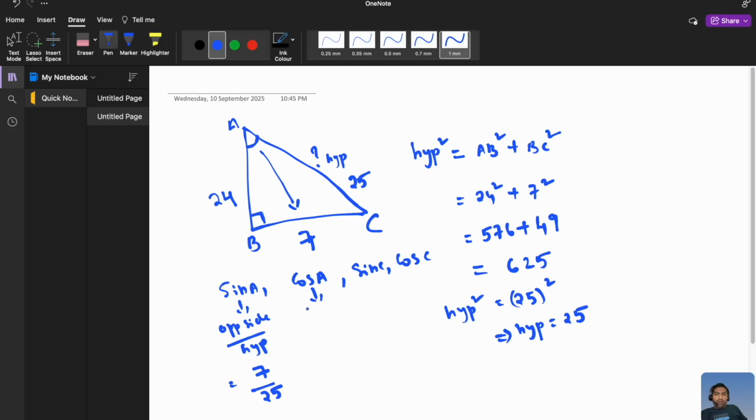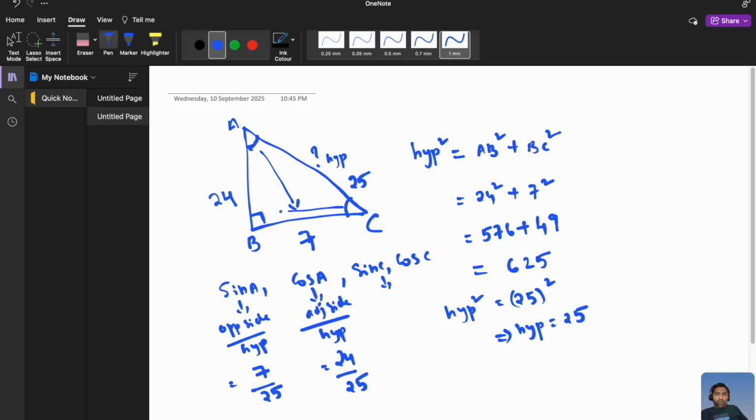Similarly, what is cos A? Adjacent side by hypotenuse. What is the adjacent side of A? 24. So 24 by hypotenuse 25. Similarly, sin C, opposite side by hypotenuse.